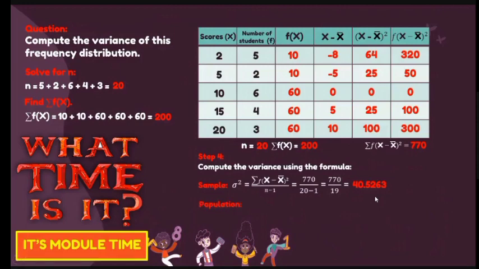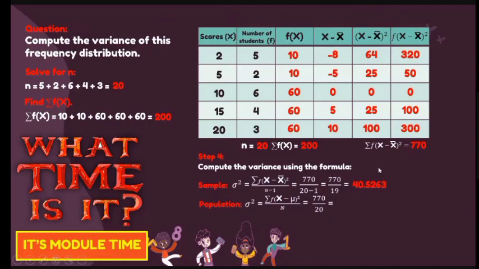Next, for population, there is just a slight variation in terms of the result or the formula. So consider the formula for the upper part. This is still the summation for the sixth column, and this time around, instead of subtracting 1 from our given value of n, it is just n.